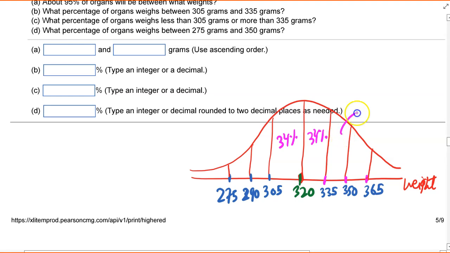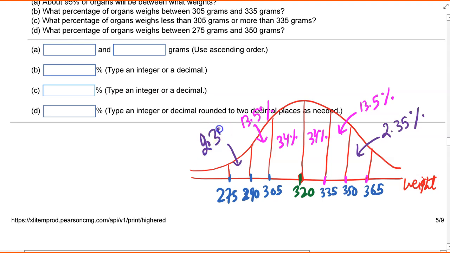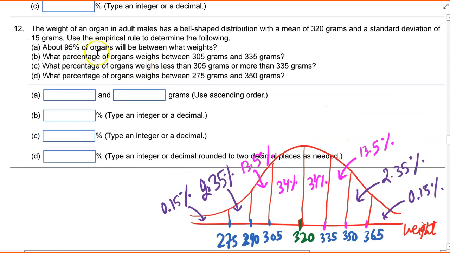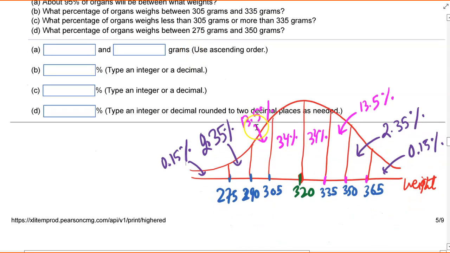This goes 13.5%, this goes 13.5%, this goes 2.35%, this goes 2.35%, and this is 0.15%, this is 0.15%. Now look at the question. Let's answer it. About 95% of the organs will be between what weights? Look, 95% is within 2 standard deviations.